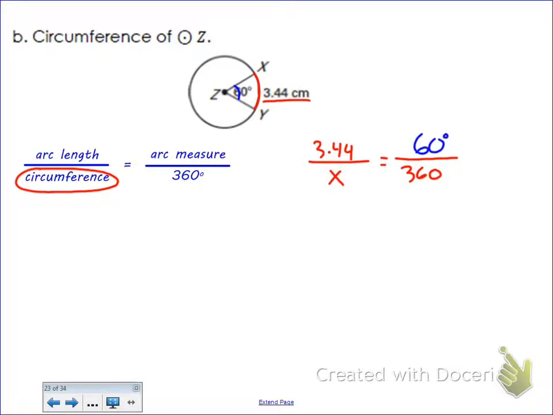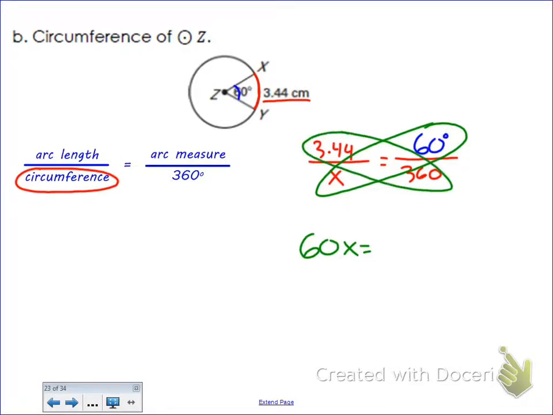Just like the previous one, we're going to cross multiply to solve this. So I'll start by doing 60 times x, which will just be 60x. And that's going to equal 3.44 times 360, which is going to equal 1,238.4.